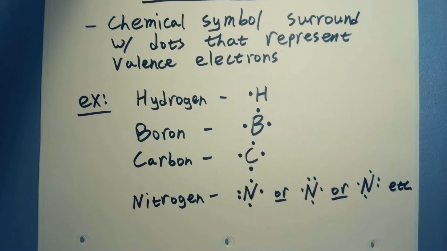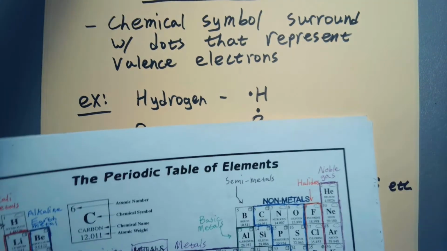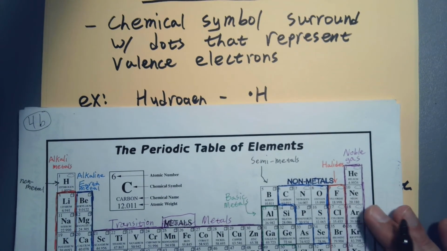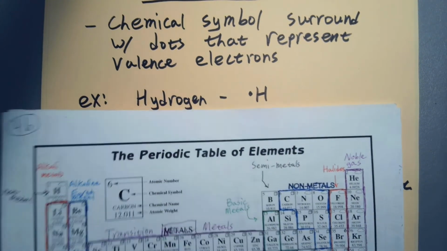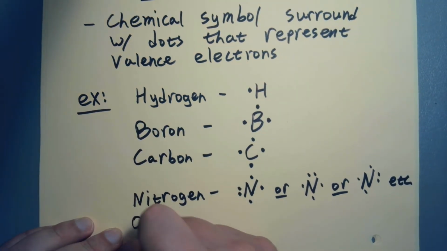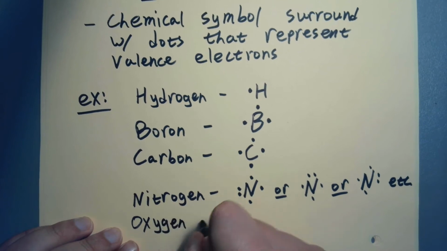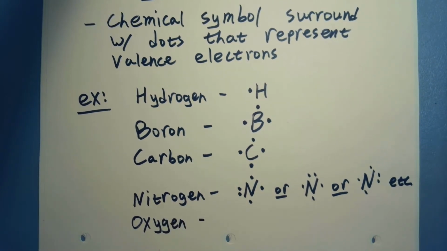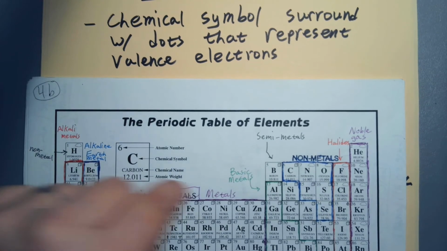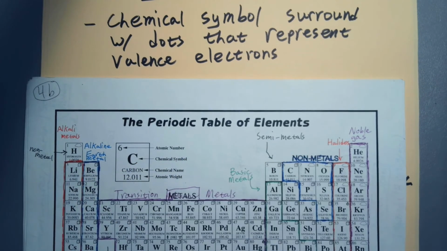And so let's do one more here. Should we do oxygen or fluorine? Let's do oxygen. That's a more important biological element. Alright. Chemical symbol is O. And it has 1, 2, 3, 4, 5, 6 valence electrons, right?